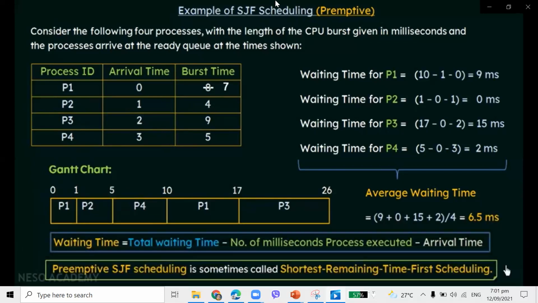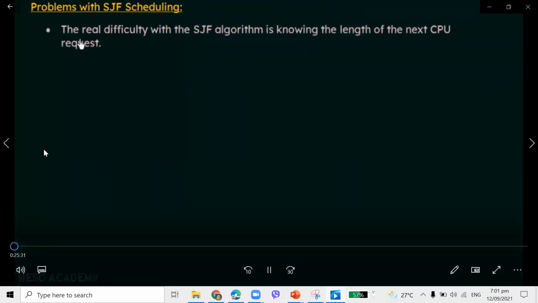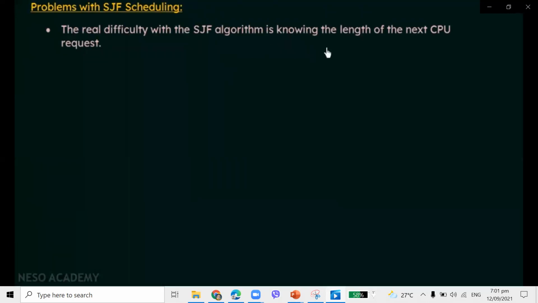Alright, so we saw that the SJF scheduling algorithm is good and performing well, but does it have any disadvantages as well? Let us find out the disadvantages of this SJF scheduling algorithm. So here we will discuss the problems with SJF scheduling. The real difficulty with the SJF algorithm is knowing the length of the next CPU request. We saw that in SJF scheduling, the process having the next smallest CPU burst will get the CPU first.